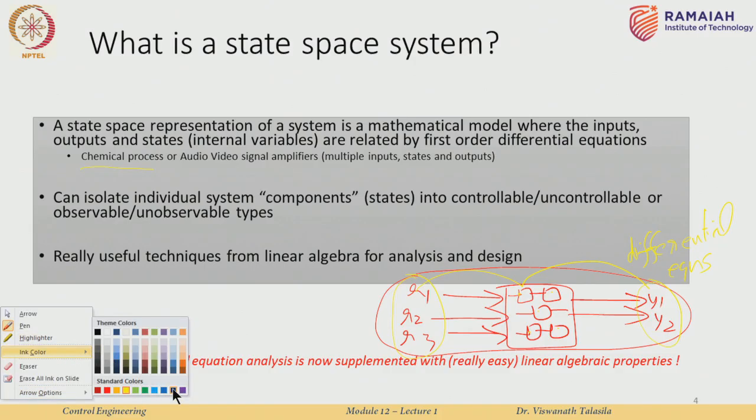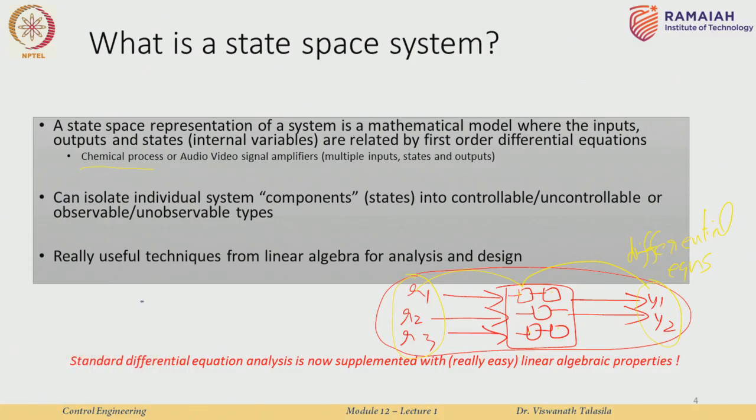Let us say you have this chemical process plant, and you have multiple inputs. I have just drawn 3 inputs over here, but you can have more, and you have a couple of outputs, right. Although in a real chemical process plant you would have at least 20 to 30 different inputs and hundreds of measurements which are the outputs basically.